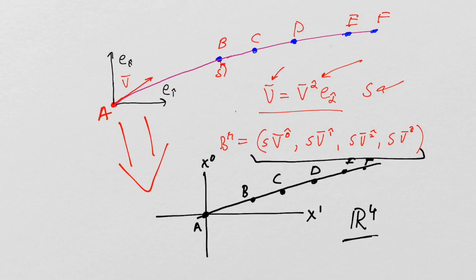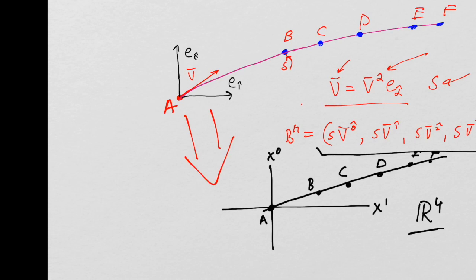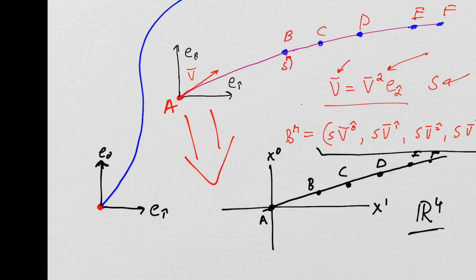And because of this, if I now consider a freely falling object, I go here and set up E0 and E1 hat, and I suppress the other two. Now, in this basis system, if E0 is in fact aligned with the time direction exclusively, so I now shoot out time-like geodesics, I might have a time-like geodesic that looks something like this, right?